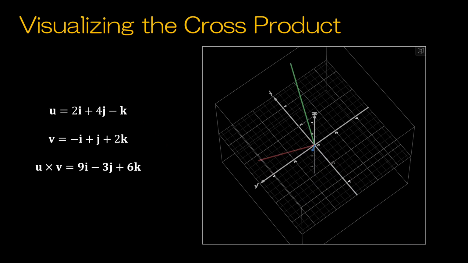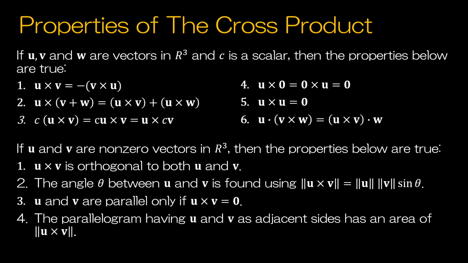There are several properties of the cross product, and I'm going to let you go through those on your own. For the most part, they're very straightforward. The first set of properties are the algebraic properties, and we're familiar with many of those from dealing with the determinant and other things we have learned in this course. The second set are the geometric properties.